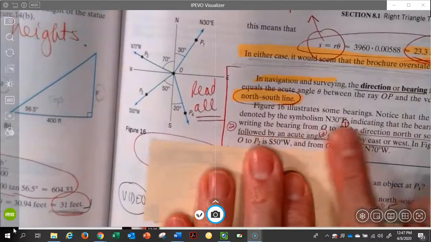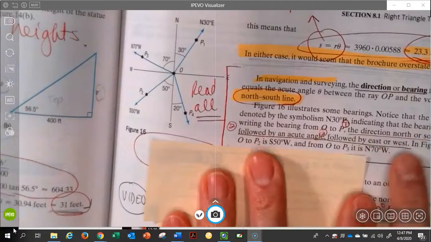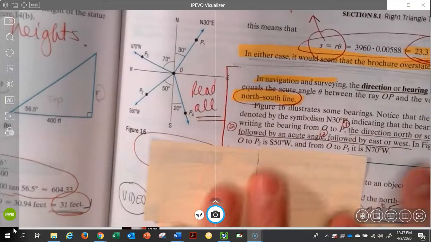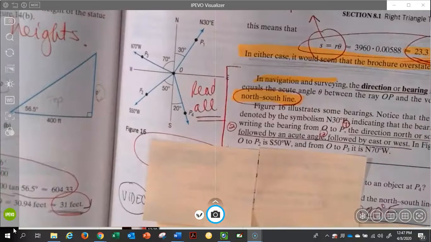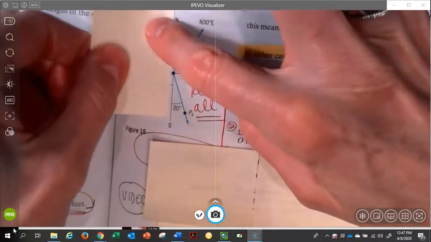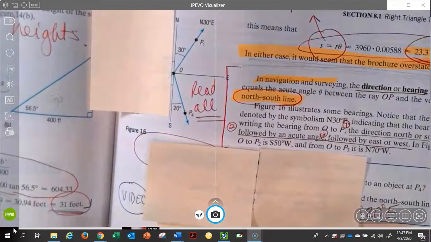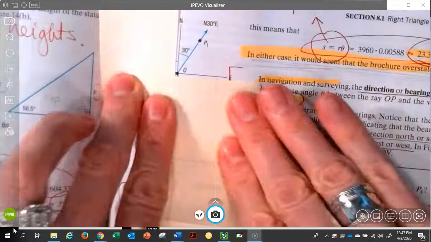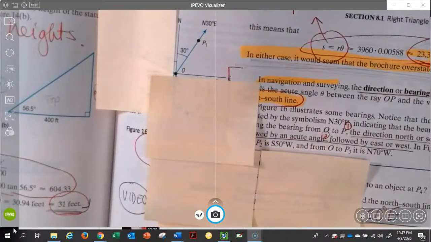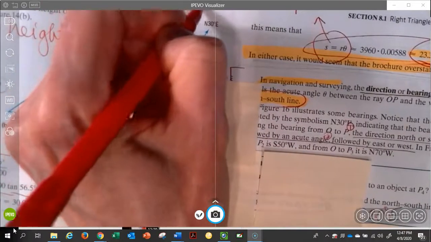So it says in figure 16, we've got some illustrations. Notice we're going to look first from O to P1. So I'm going to cover up O to P1, and I want us to first notice, are we in the northern half or the southern half? And you'll note that we're in the northern half, and that's what you start by saying. I'm in the northern half.